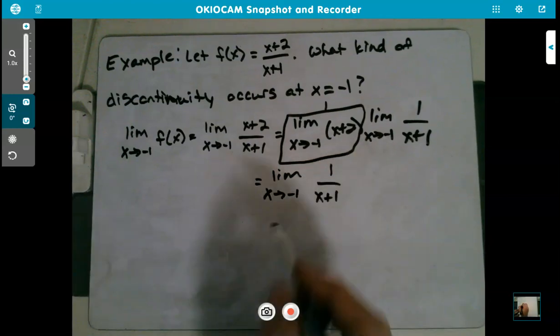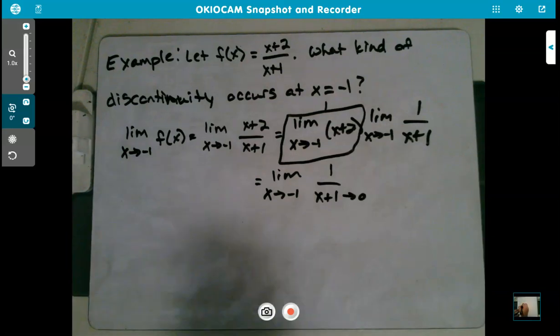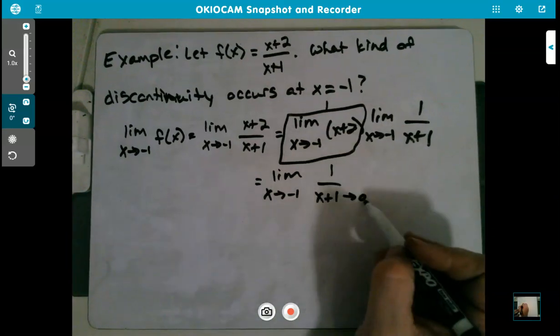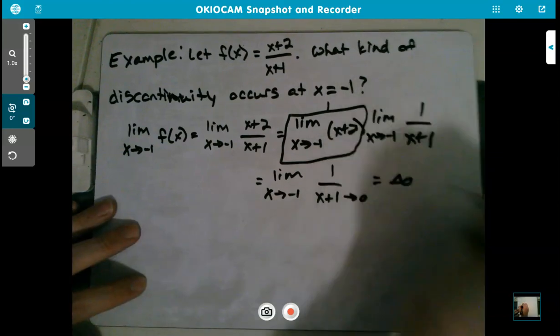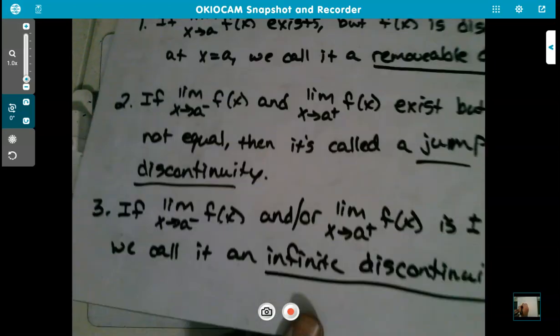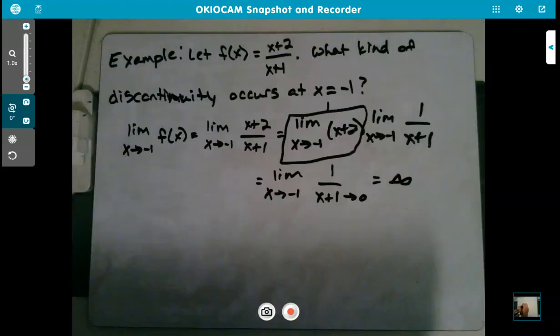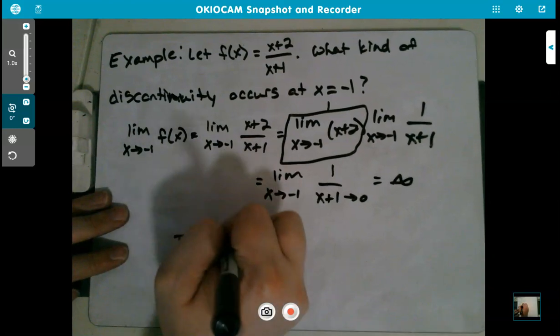We can see the bottom approaches 0. And as we had said, 1 over something very small is going to be really big. So this is equal to infinity. Because of that, if I look at my rules right here, that means it is an infinite discontinuity.